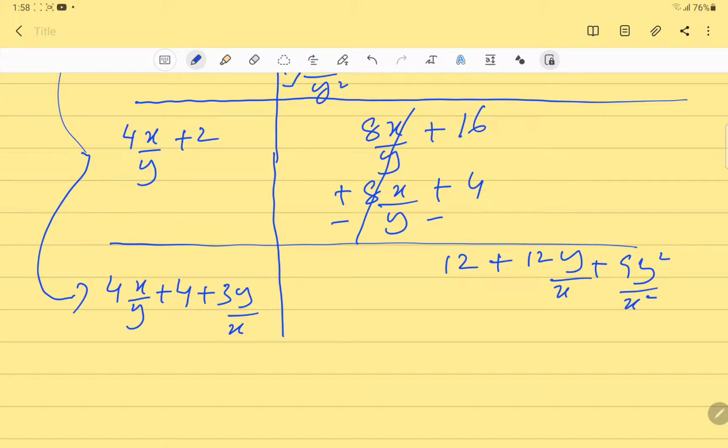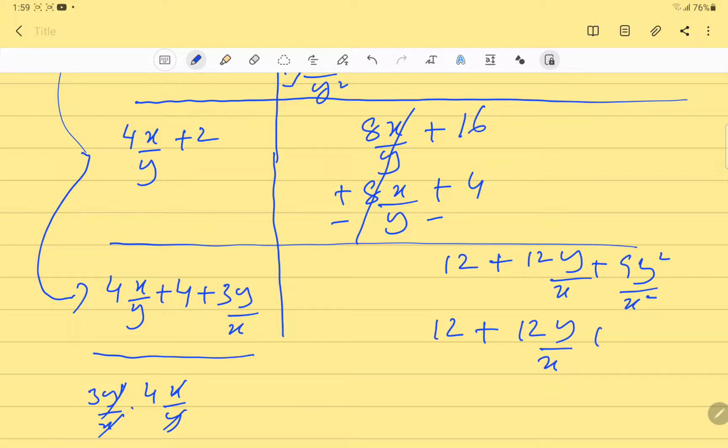Let's multiply now all these three terms with 3y over x. So when we multiply 3y over x with 4x over y, 3 into 4, 12. Then 3y over x into 4, it will be 12y over x, and 3y over x into 3y over x is 9y squared over x squared.